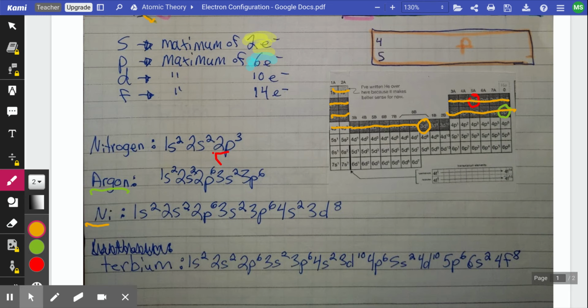And that's because the periodic table, if you look, the F block actually does fit in right in here. And you'll notice that the atomic numbers go that way as well. So always follow the atomic numbers to help you figure out which orbitals go first in terms of filling them.